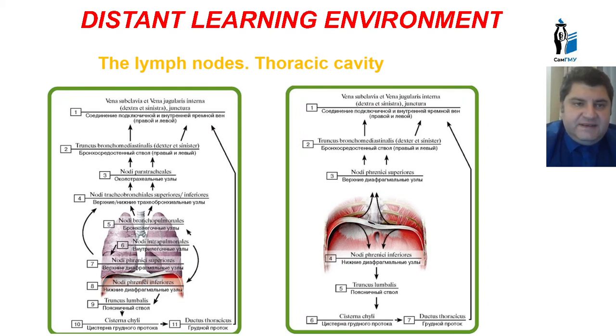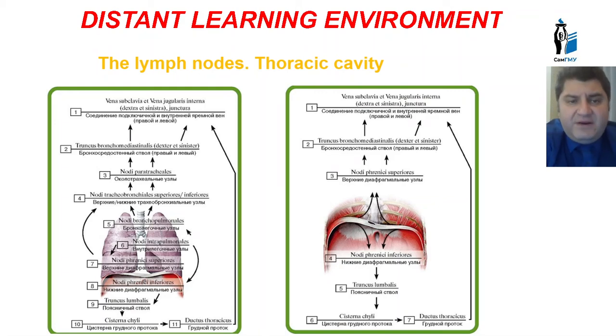Next you may see the lymphatic drainage from the lungs and from the diaphragm. You may see that from the lungs lymph drains to intrapulmonary nodes. Next it passes to bronchopulmonary nodes. Next it passes to tracheobronchial superior and inferior nodes.